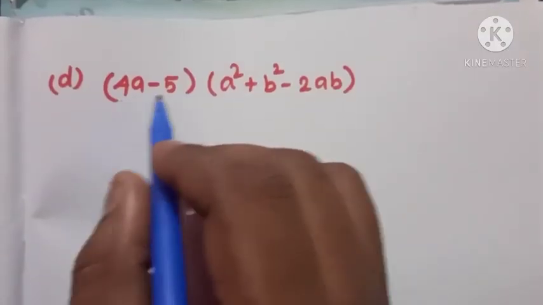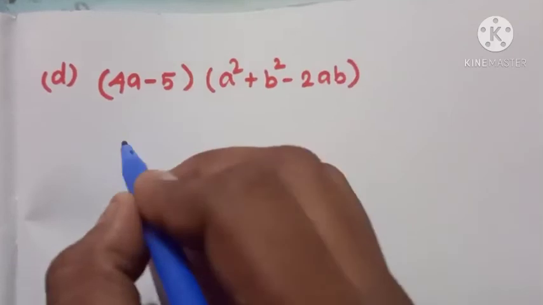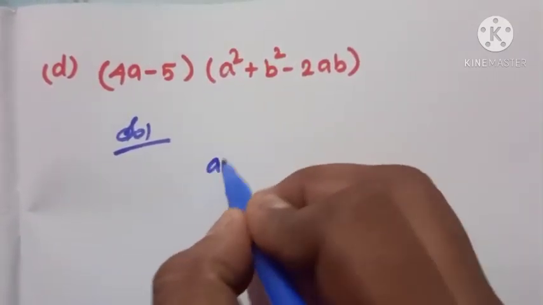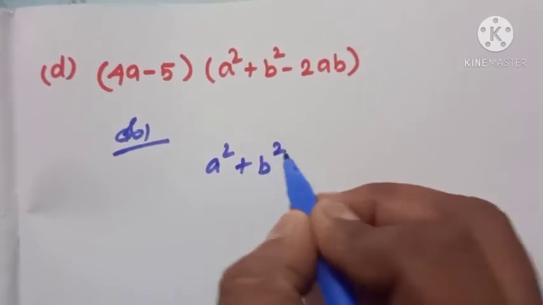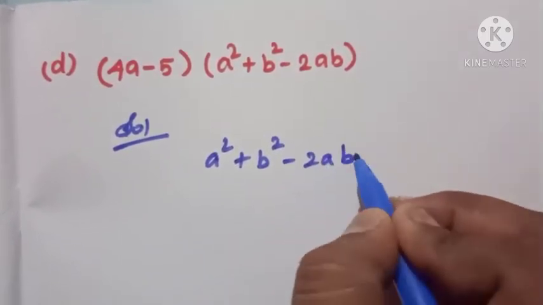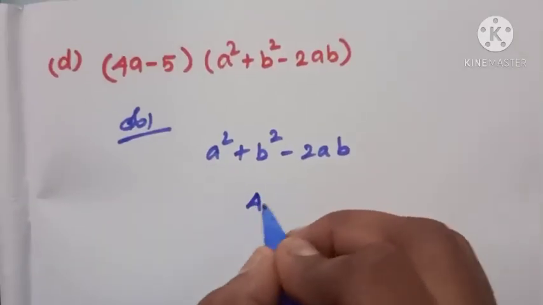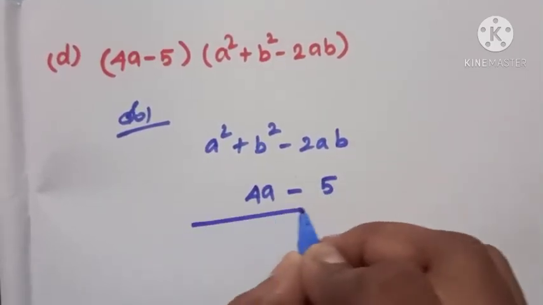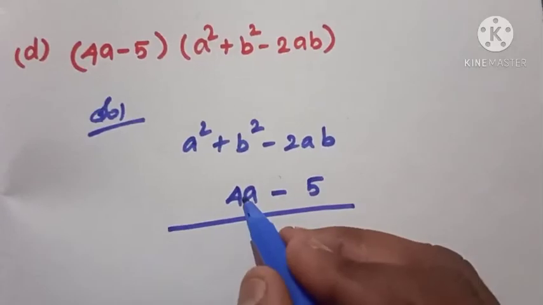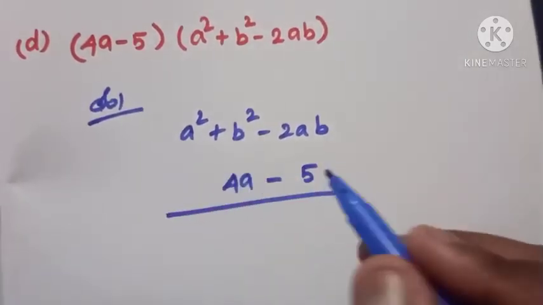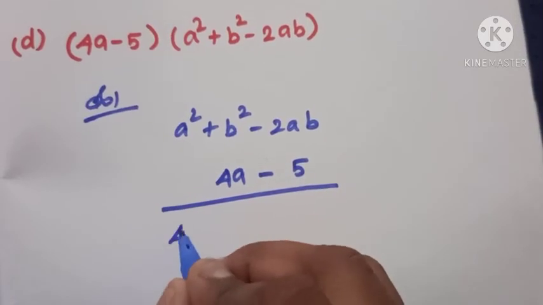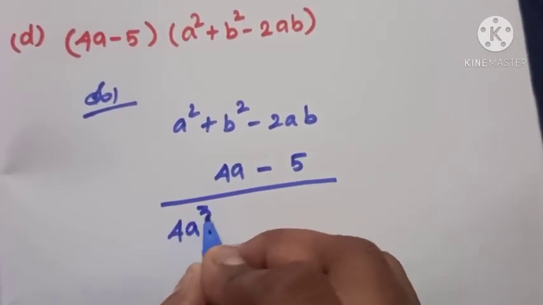Now second question, number D, in the column method. Solution. I just take this a square plus b square minus 2ab. This one can be multiplied with 4a minus 5. Okay, so first I take this 4a to a square. So 4a into a square we get 4a to the power 3.